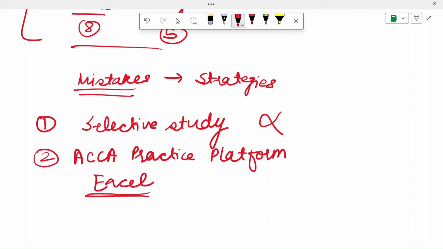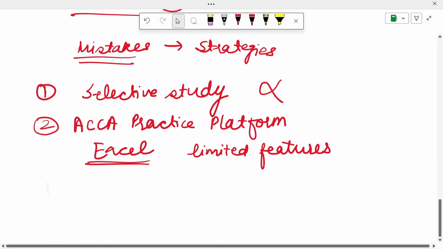The Excel that you get has only limited features from the original Excel that we usually use. The features are limited, and only limited formulas can be used. So it is very important that you practice and get the hang of that spreadsheet, which you will be getting in your actual exam.